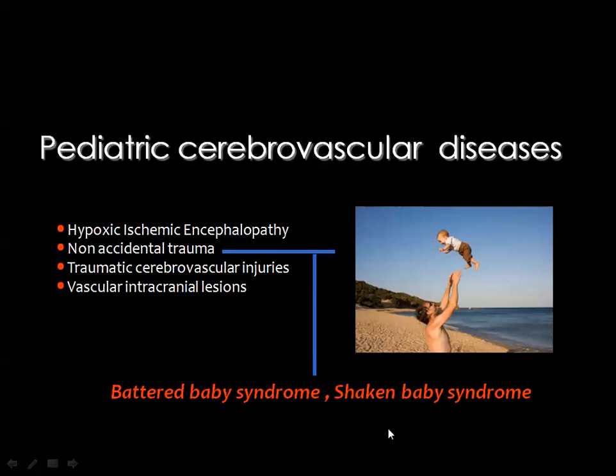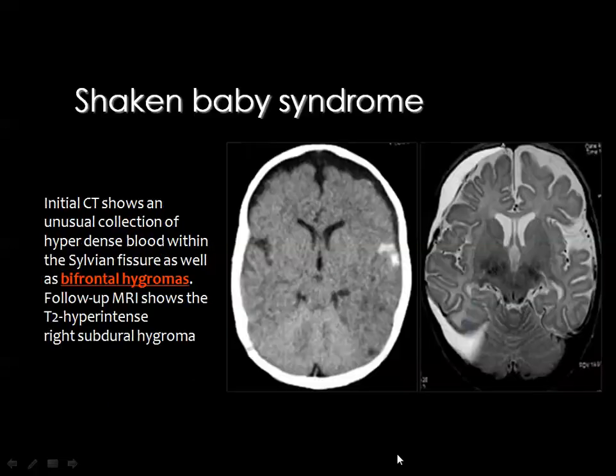Then a few words about non-accidental trauma, or what we call the battered baby syndrome or the shaken baby syndrome. Of course, if we shake our babies, there may be some insults in the brain parenchyma because of the relatively small size of the brain compared to the size of the skull.